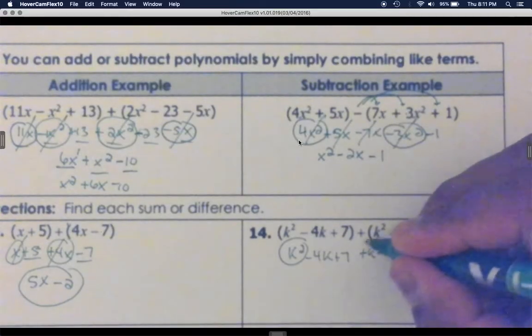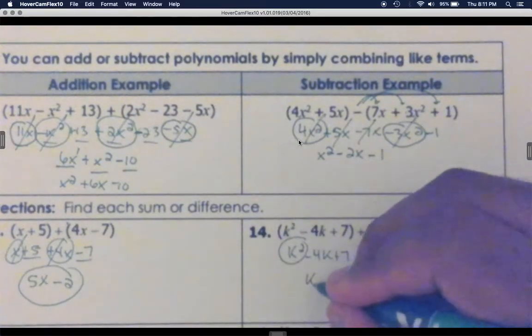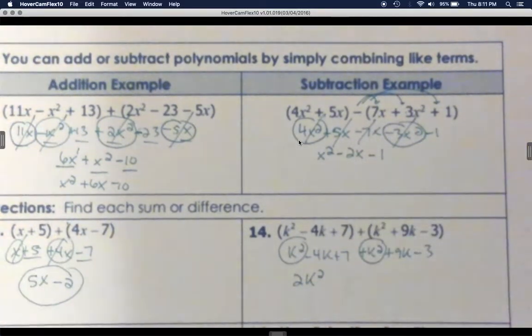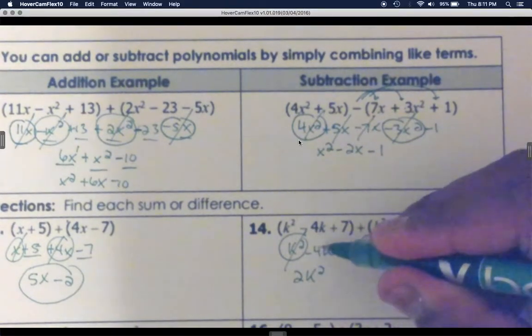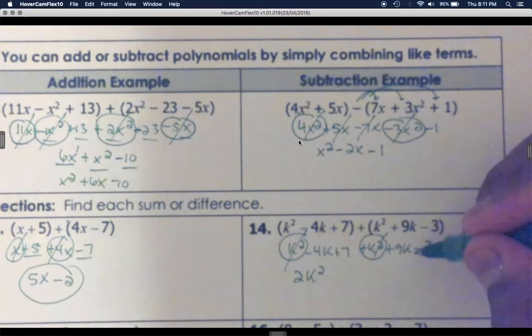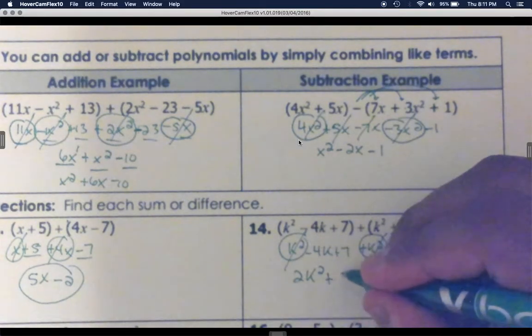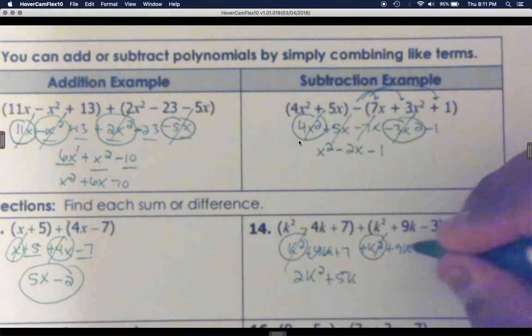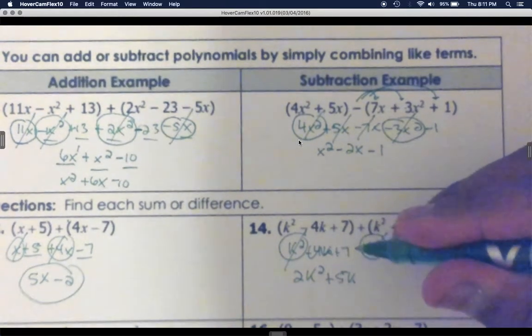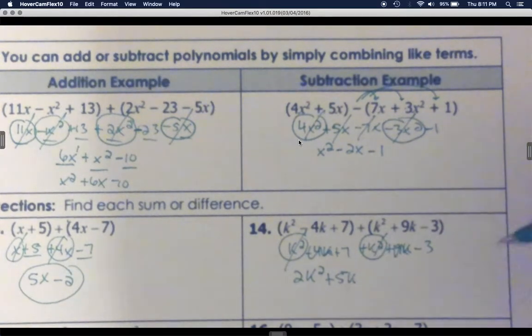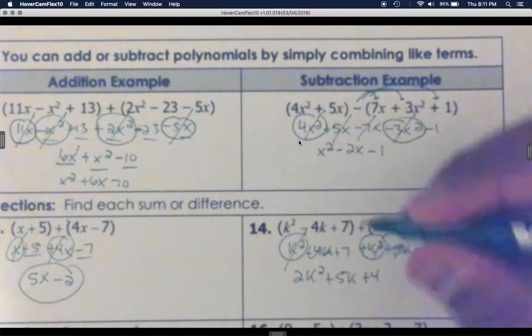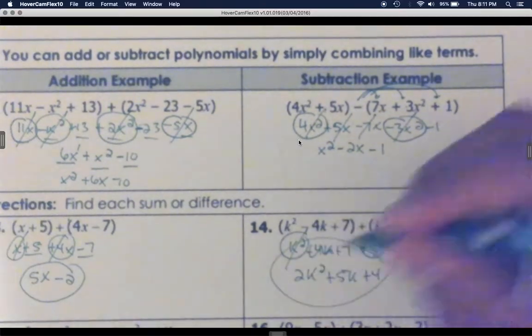Clearly I see a k squared and a k squared. k squared plus k squared gives me 2k squared. I have a negative 4k and a positive 9k. Negative 4k plus 9k would give me a positive 5k. And now I can just see I have my 7 plus a negative 3, or 7 minus 3, which is a positive 4. This is already in standard form, so that means that I am done.